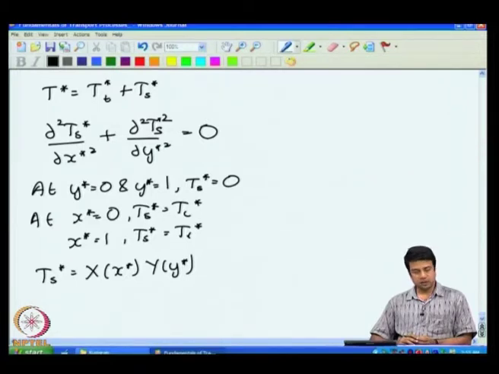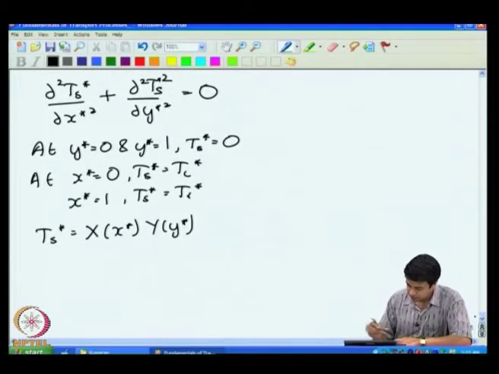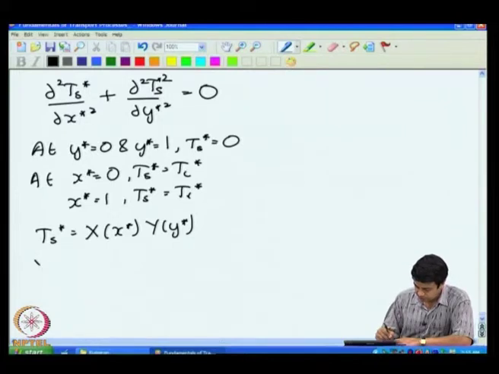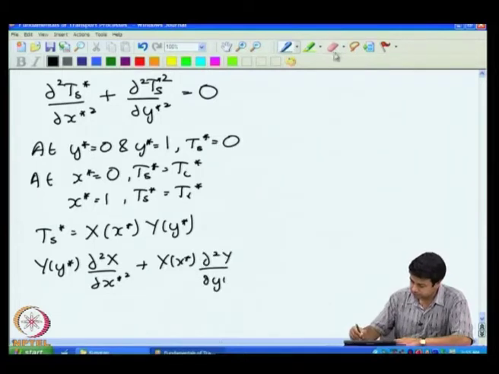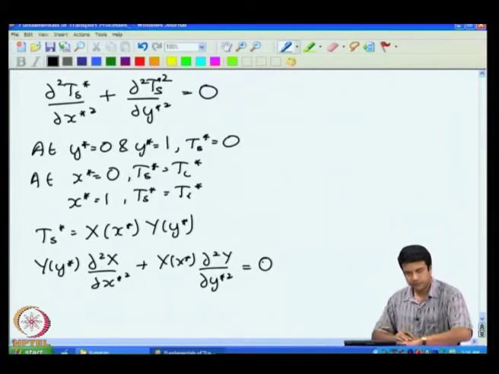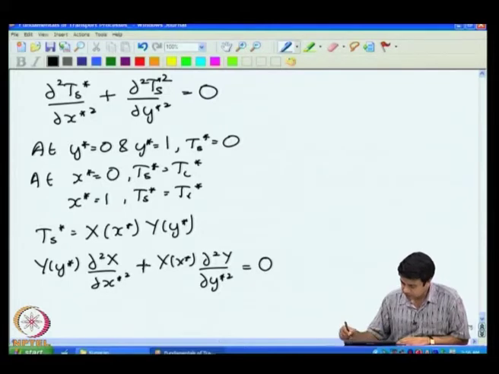I put that into the differential equation and I will get Y of y d square X by d x star square plus X d square Y by d y star square is equal to 0. And I divide by X times Y.